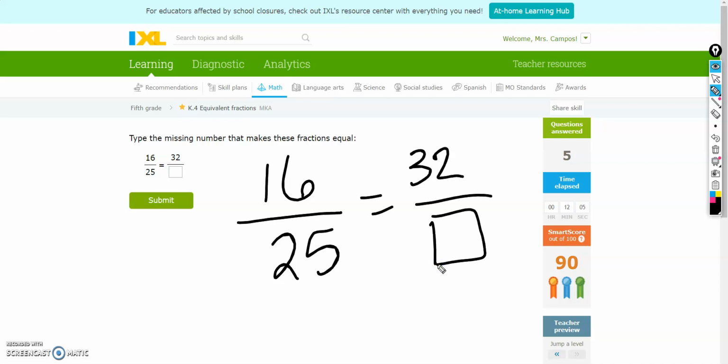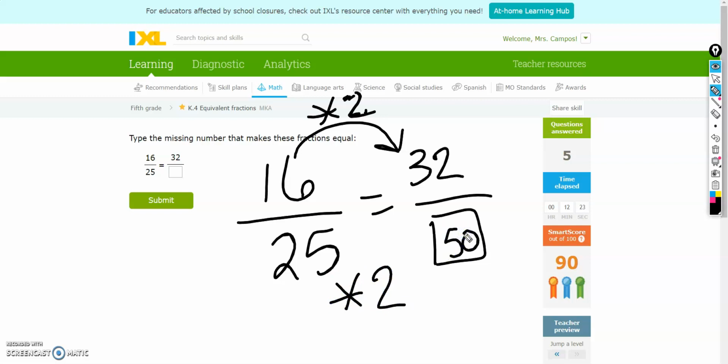Well, you could do 32 divided by 16 if you're not sure and see what you get, but you might know that 16 times 2 is 32. So 25 times 2, think of quarters, is 50. So my answer is 50.